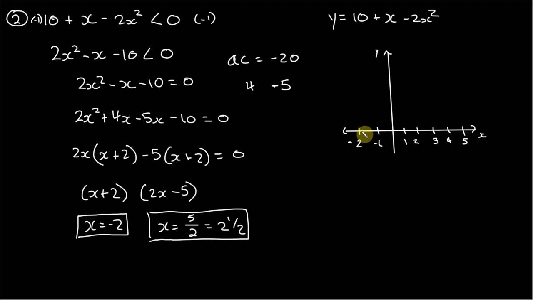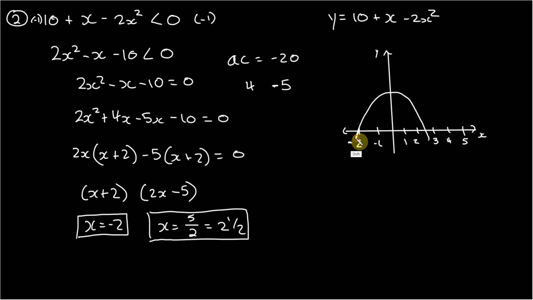And it's a downward facing parabola, so we can sketch this. And it's going to look something. No, that's too steep. It's going to look something like this. And our set of values, well, we're told that 10 plus x minus 2x squared is less than 0.